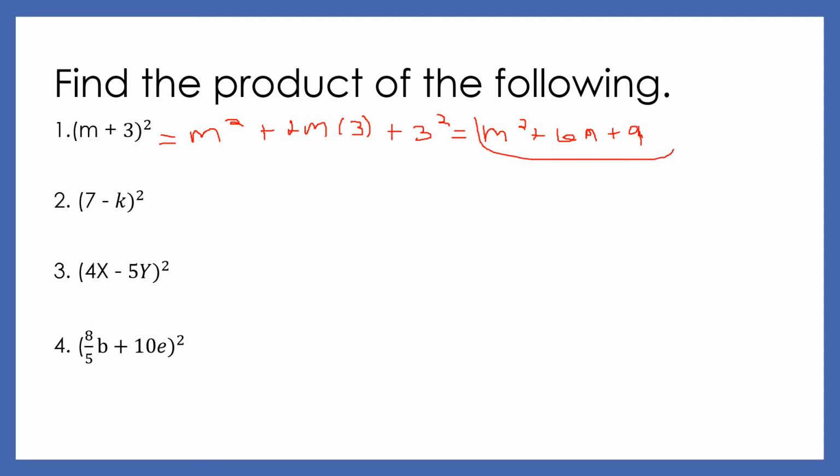Then, number 2, quantity (7 - k) squared.